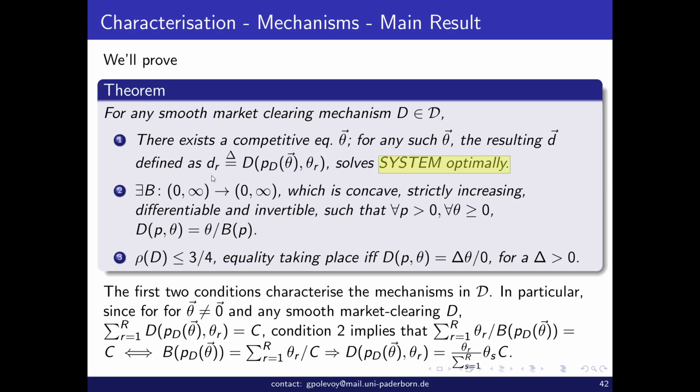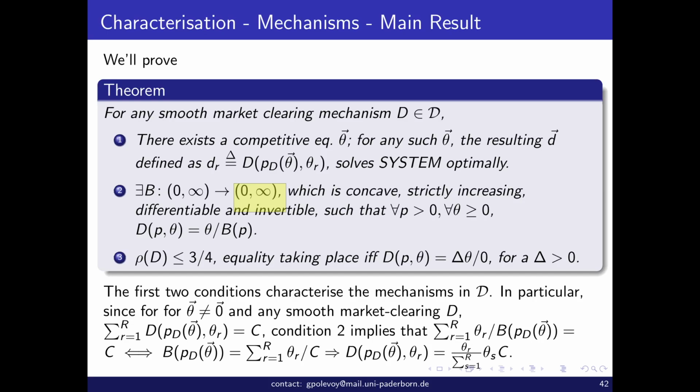The second thing: there exists a function from the positive reals to the positive reals which is also concave, strictly increasing, differentiable, and invertible, so kind of a nice function from the positive to the positive.